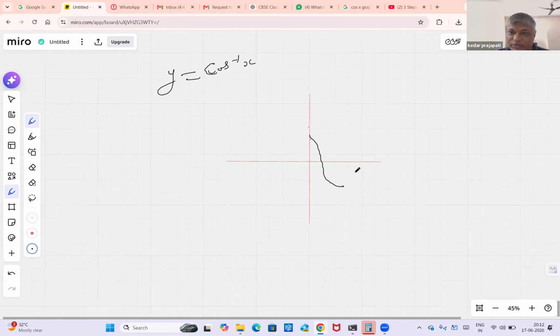This is y equal to cos x. Now I'm going to draw y equal to cos inverse x. So for that we need the coordinates first. What was this coordinate? This coordinate was pi, comma, -1. This is -1.